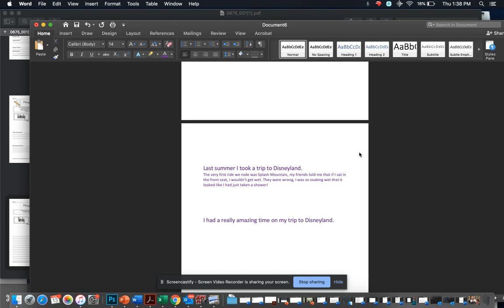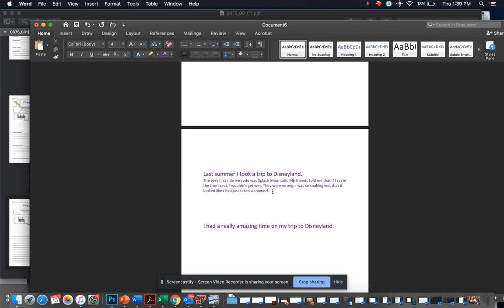My friends told me that if I sat in the front seat, I wouldn't get wet. They were wrong. I was so soaking wet that it looked like I had just taken a shower. And I think after rereading this that I am going to make this its own sentence, take out the comma, and give it a period instead. There we go. So I've got one detail in my paragraph sandwich now.